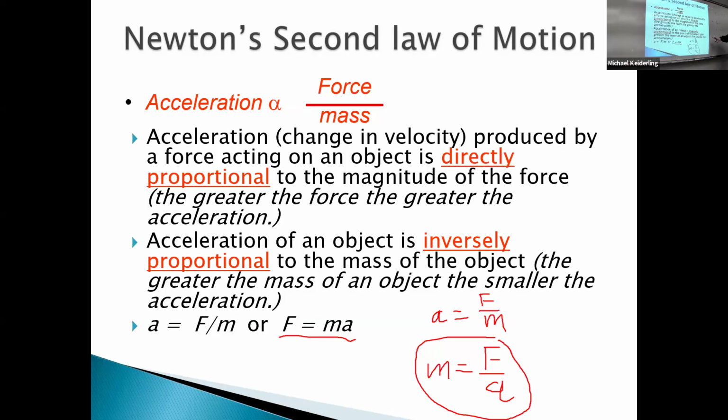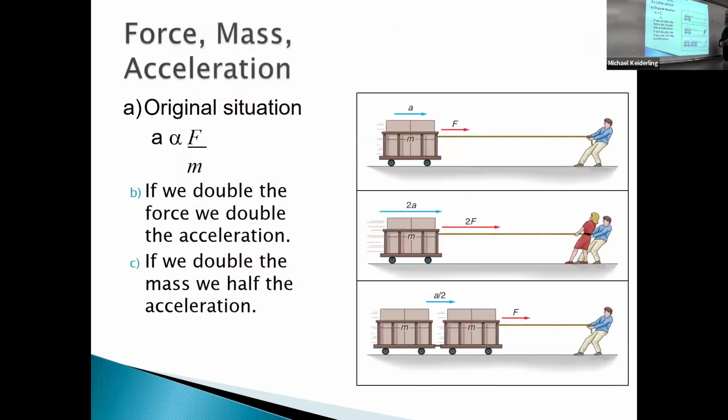If the net force is 0, the acceleration is 0, so the velocity doesn't change. So here are some examples. For a given force and a given mass, you'll have an acceleration of a. If you double the force, you'll have twice the acceleration. If you double the mass but keep the original force, you'll have half the acceleration.